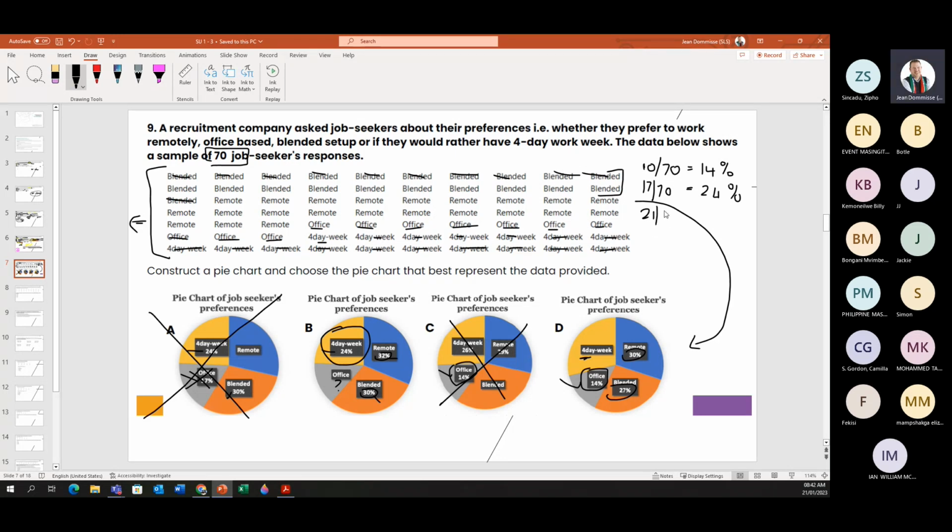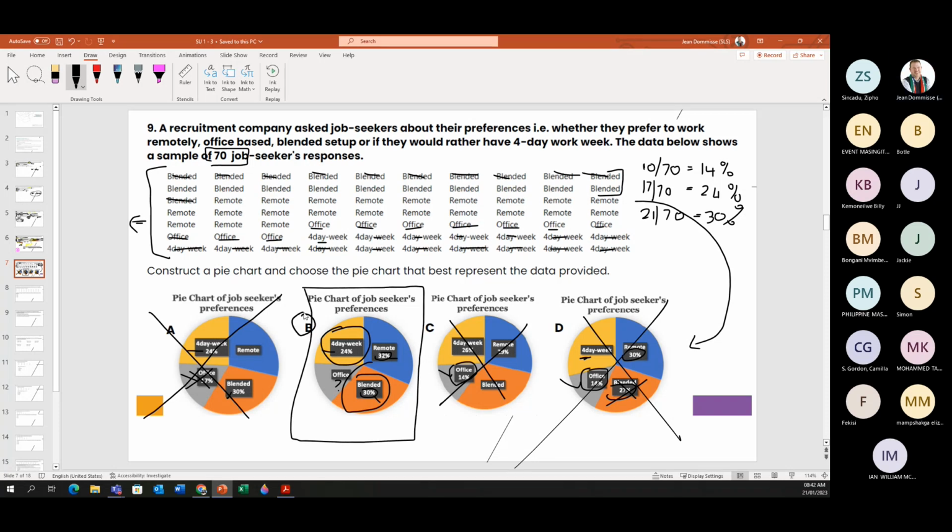Okay, 21 divided by 70 is 50%. So blended is 50%. It is not 27. So there we have option B as your correct option.